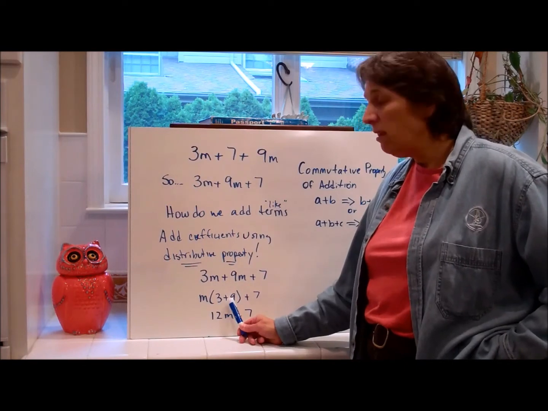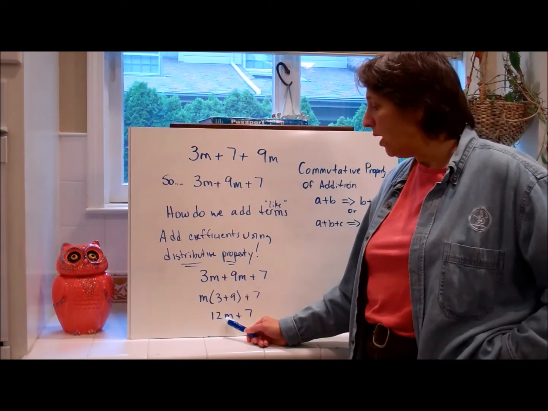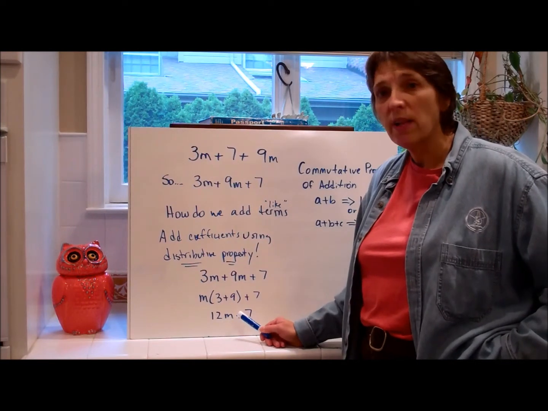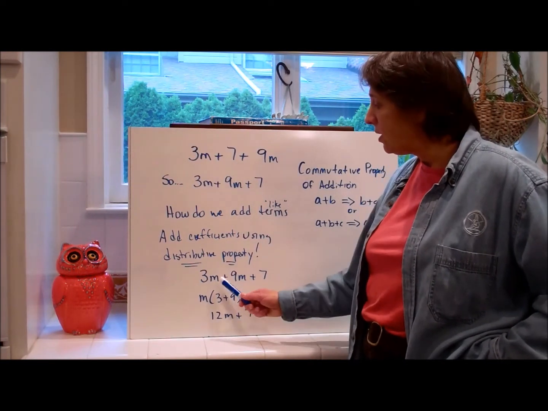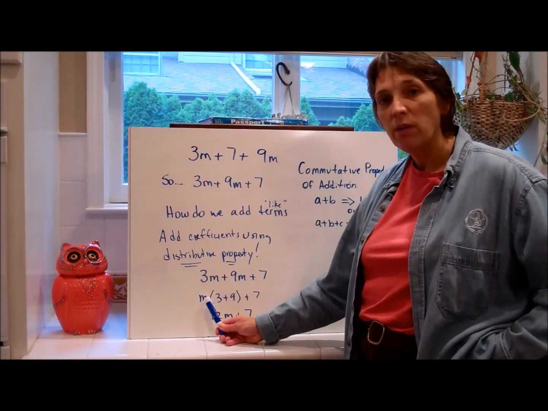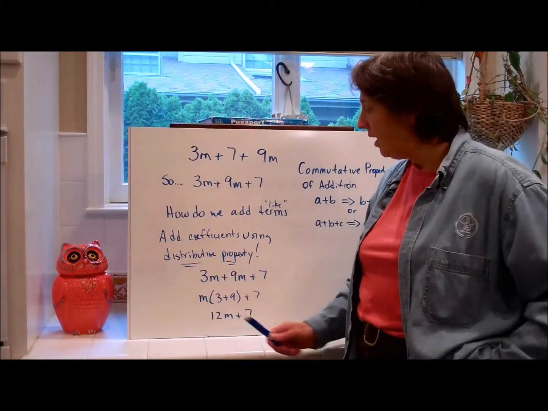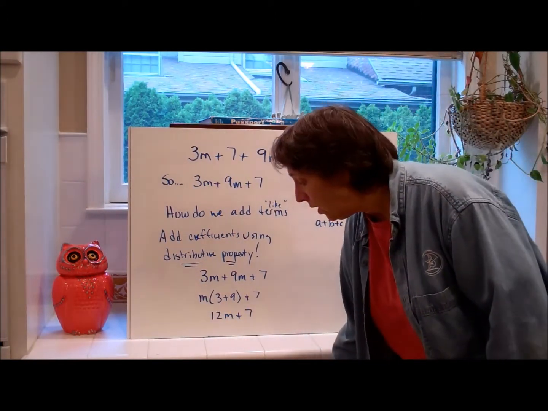When we add inside the parentheses, 3 plus 9, we get 12m plus 7. And that's as far as we go. So you notice that I don't get m squared. I just add the 3 and the 9, I take out the m, and I get that. Okay, so you do need to know those things.